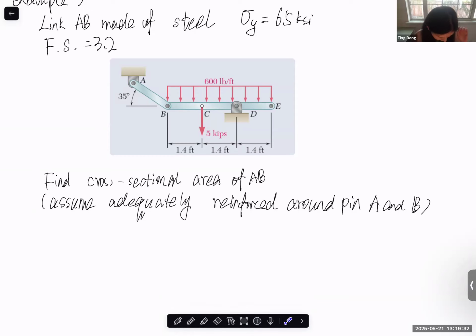We have the link AB made of steel. Yield strength is given. We want to use safety factor 3.2. We're only considering the failure of AB here. We need to find the cross-sectional area of AB.